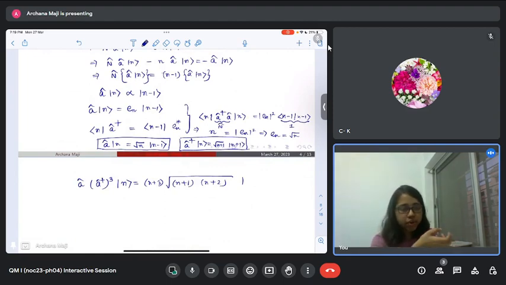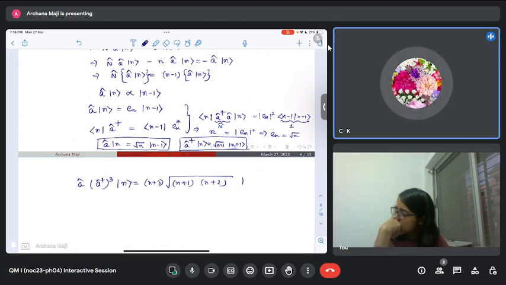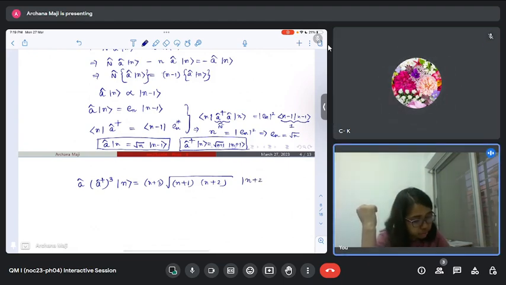Is it n minus 1, n plus 1, n minus 3? What are you getting for the ket? N plus 2. You are getting n plus 2. Well, you have raised thrice and lowered once, of course, n plus 2.